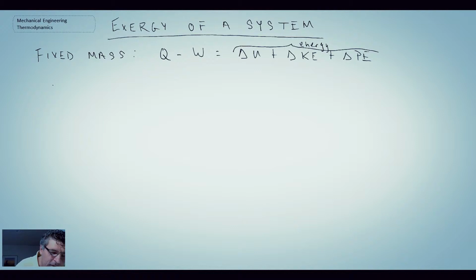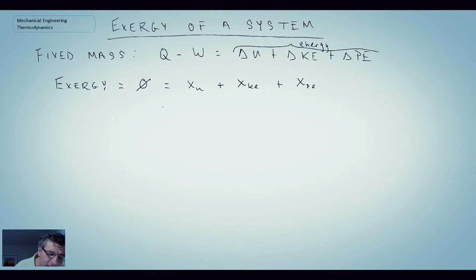So the exergy is the exergy associated with these different forms, and the exergy for this type of fixed mass system we will use phi to represent, and it will be equal to the exergy of the internal energy plus exergy due to kinetic energy plus exergy due to potential energy.